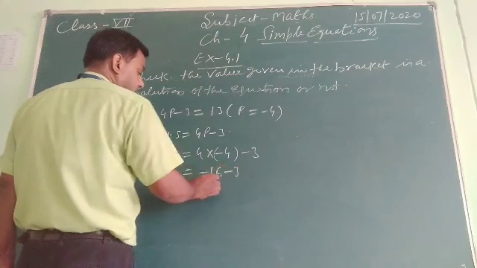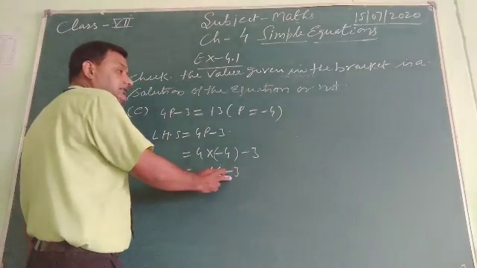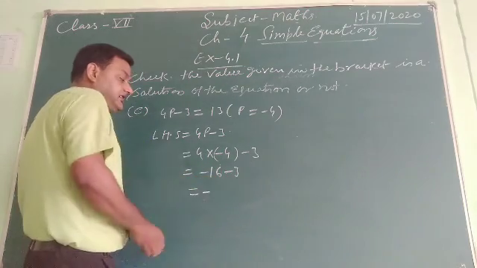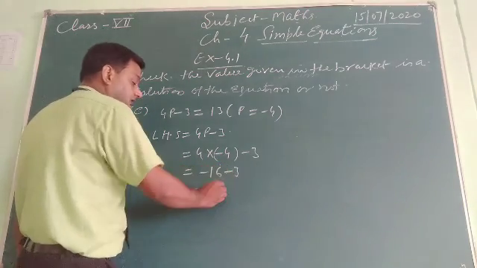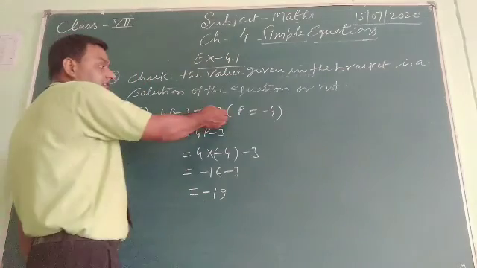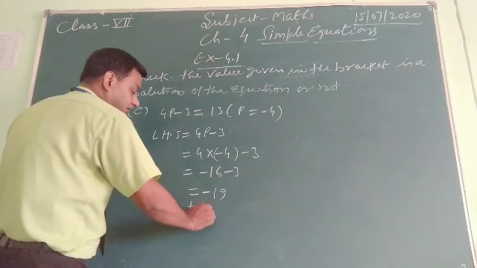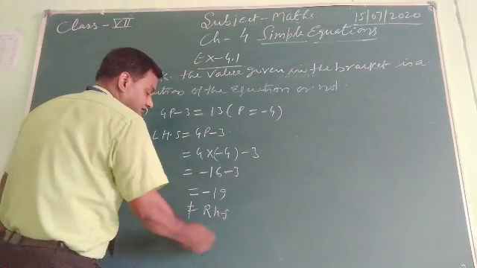Minus 16 minus 3, the sign is negative, 16 plus 3 is 19, so minus 19. But RHS is 30. So LHS is not equal to RHS.